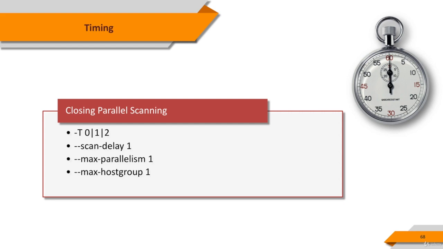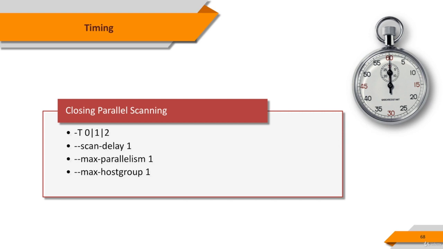Okay, so by default, Nmap calculates an ever-changing ideal parallelism based on network performance. The max parallelism option is sometimes set to 1 to prevent Nmap from sending more than one probe at a time to hosts. Nmap has the ability to port scan or version scan multiple hosts in parallel.